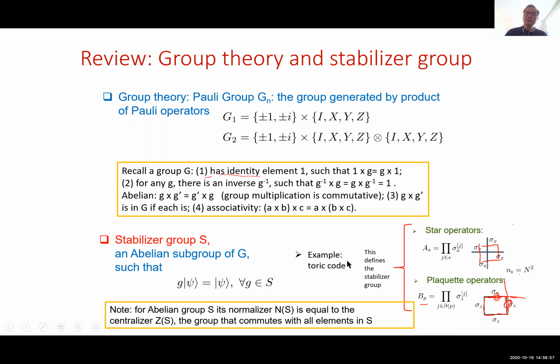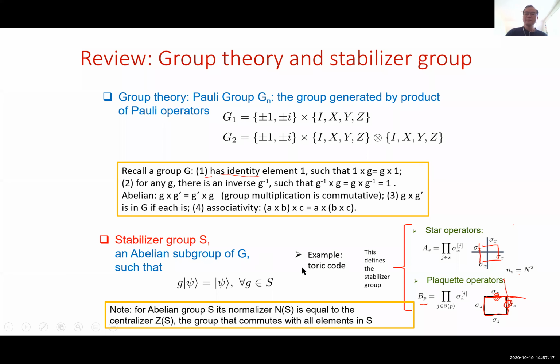and therefore the toric code has a stabilizer group generated by all these, meaning that the product of these A_s and B_p in any way is an element in this stabilizer group.